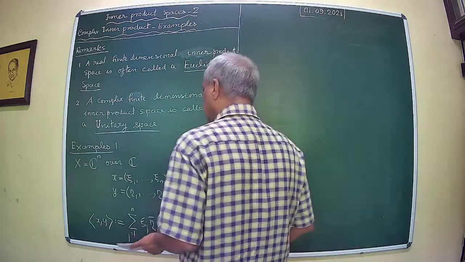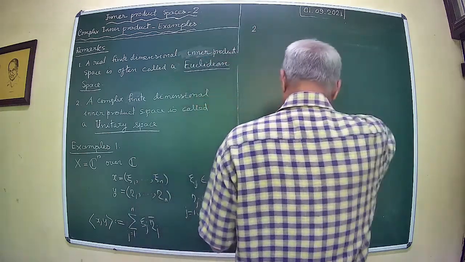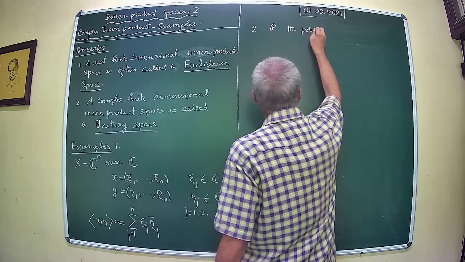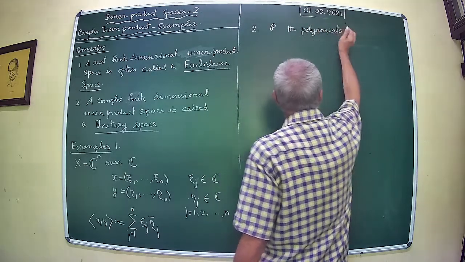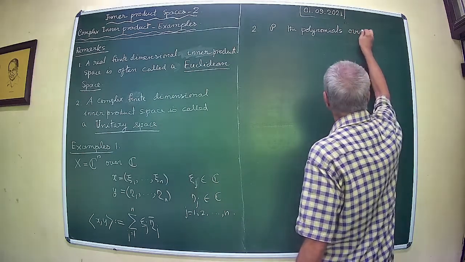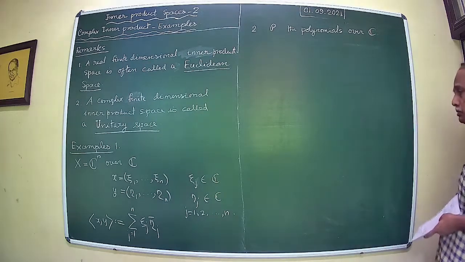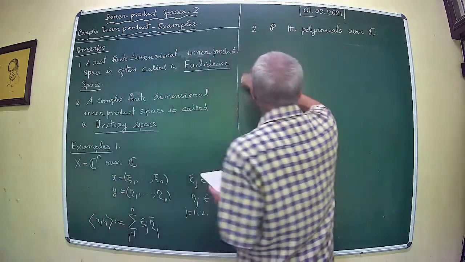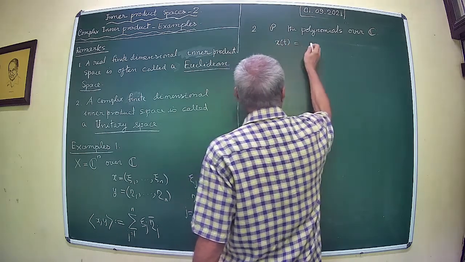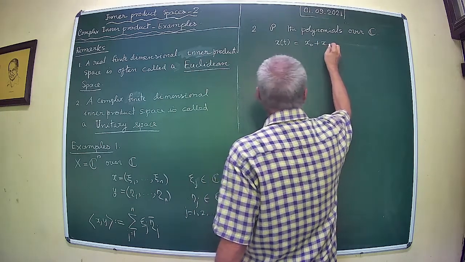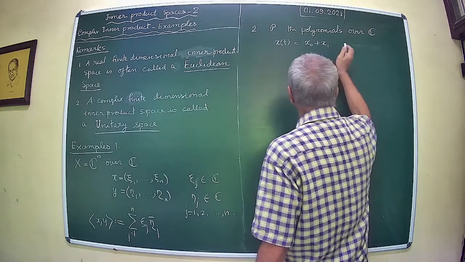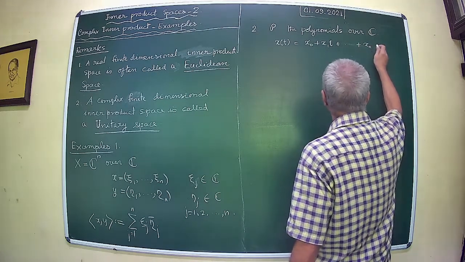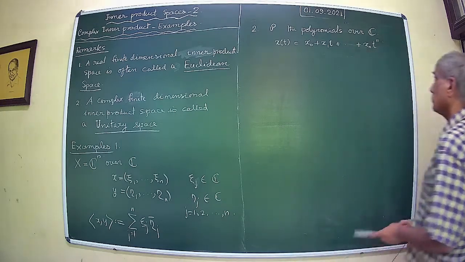Now the second example, just take P. That means all complex valued polynomials with coefficients in C. Then x(t) is, okay.